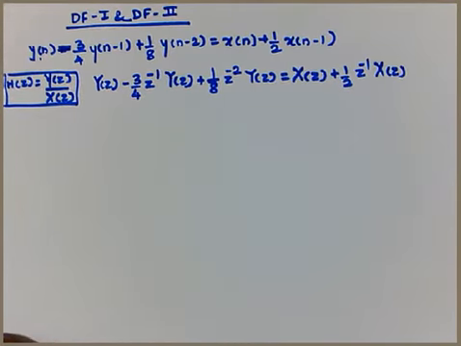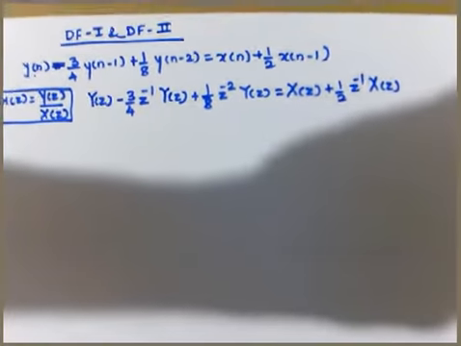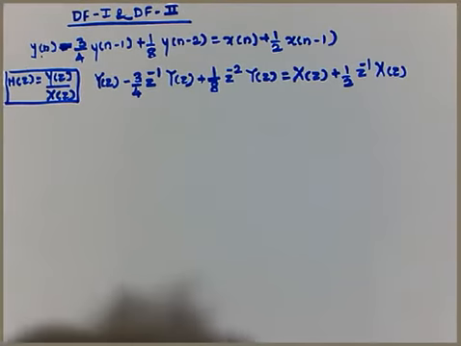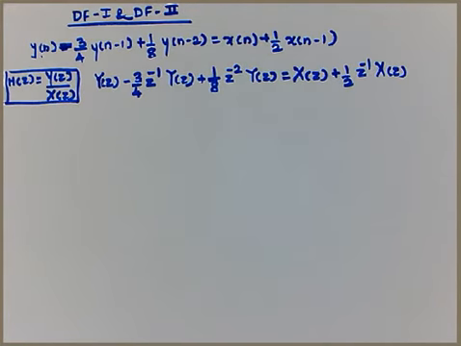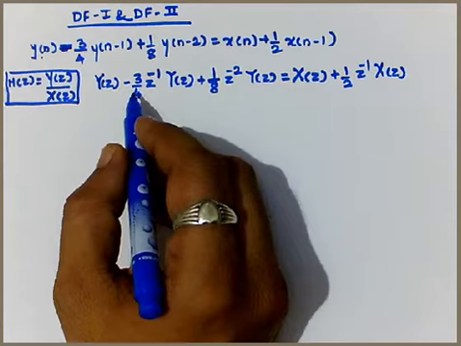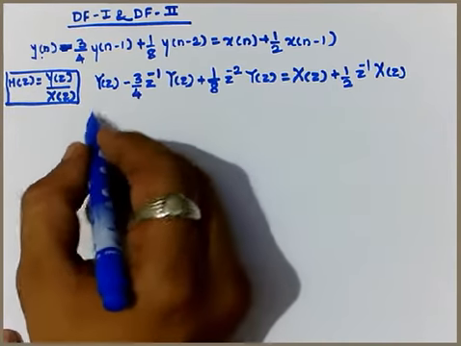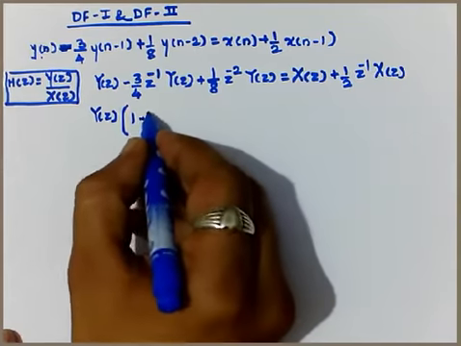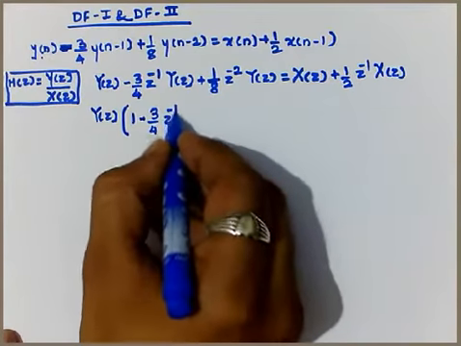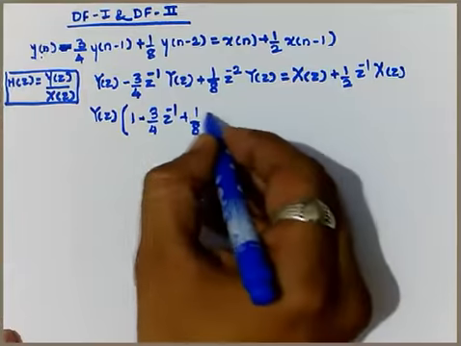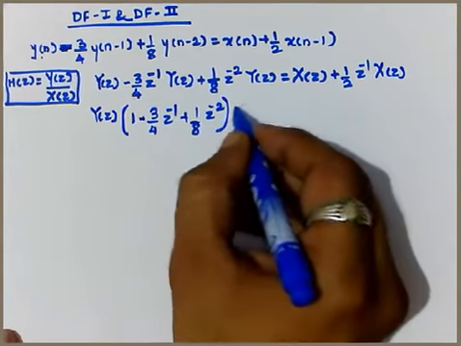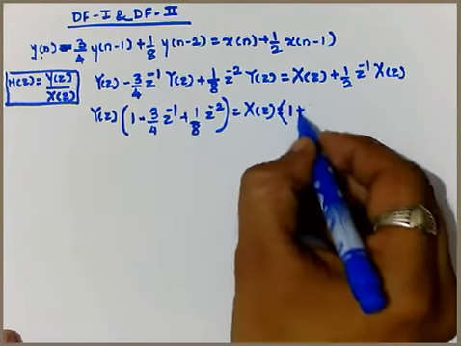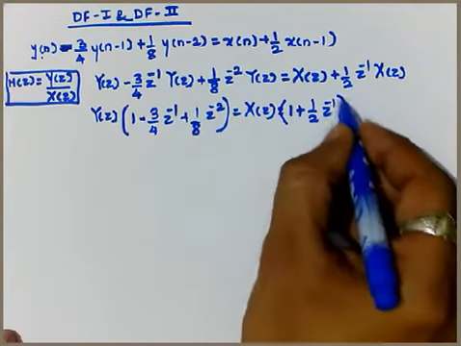Now this is how it can be easily solved. Now let me just correct it. Okay, now it is properly adjusted. Once this equation is formed, let's separate out the terms. So Y of z into bracket 1 minus 3 by 4 z inverse plus 1 by 8 z raised to minus 2 equals X of z into bracket 1 plus 1 by 2 z raised to minus 1.